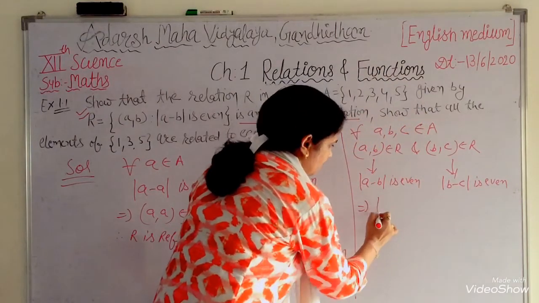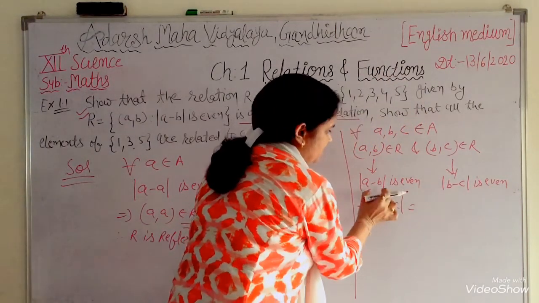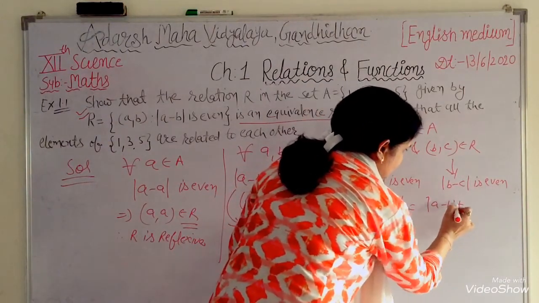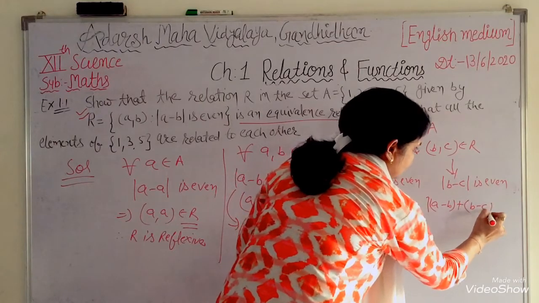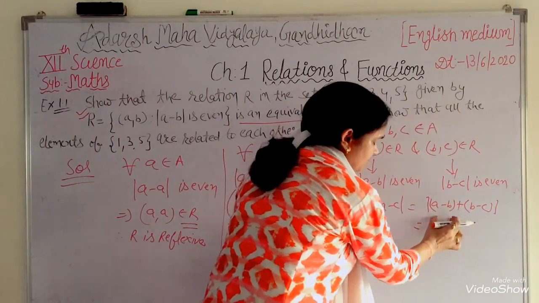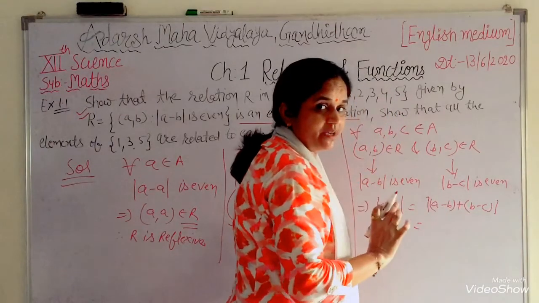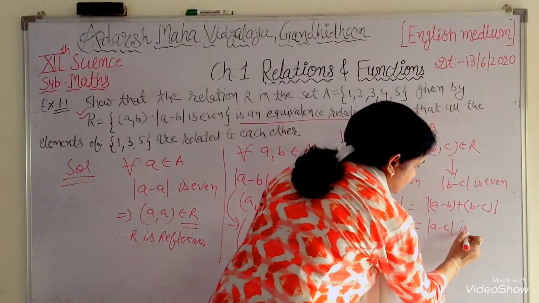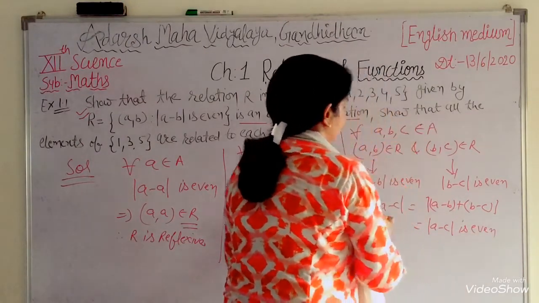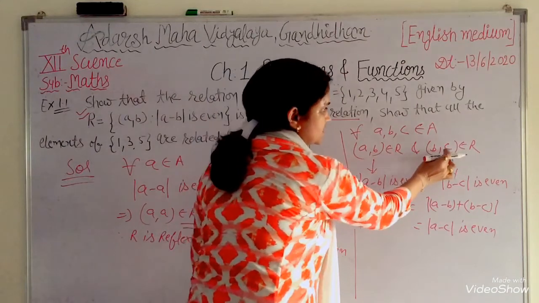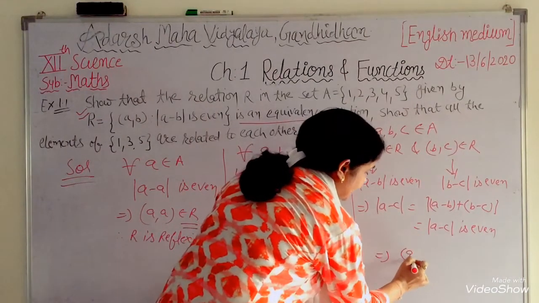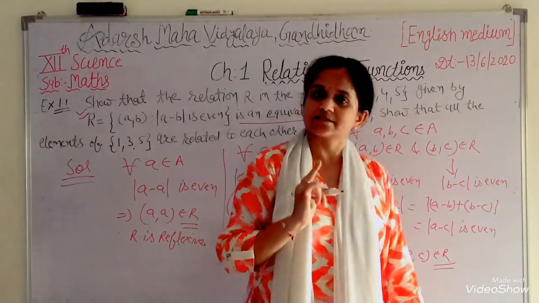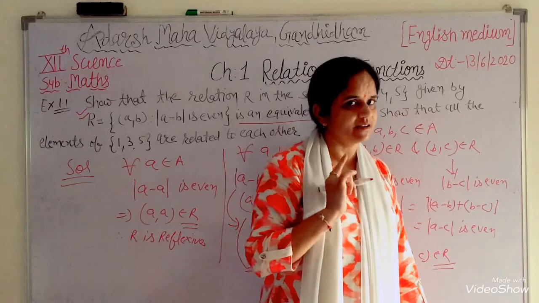Then for a minus c, if we add both, a minus b plus b minus c, you will get even plus even. It means it's also even. So, a minus c is even. Here, student, (a, b) belongs to R, (b, c) belongs to R and (a, c) also belongs to R. So, R is a transitive relation in set A.